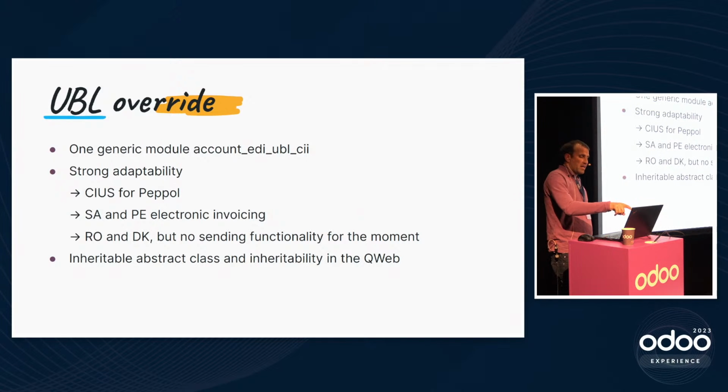We actually made an inheritable abstract class to get all the values that you need for the UBL, and at the same time you can also inherit the QWeb.